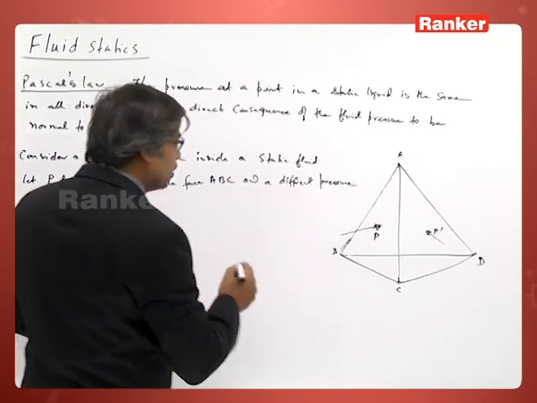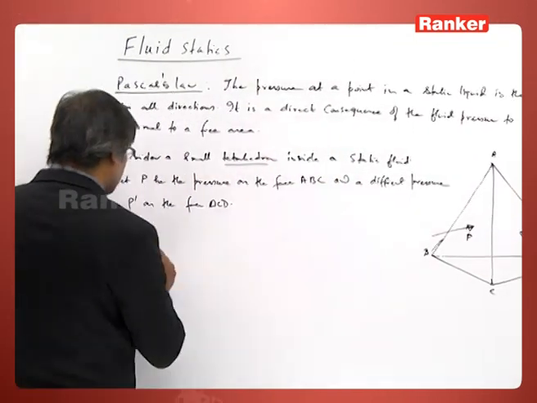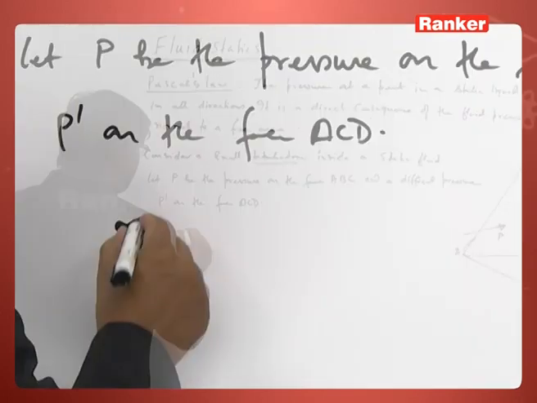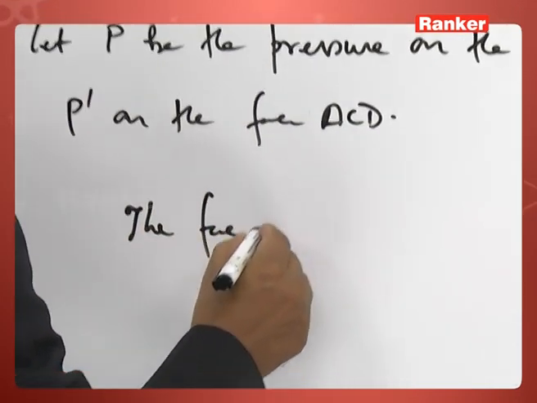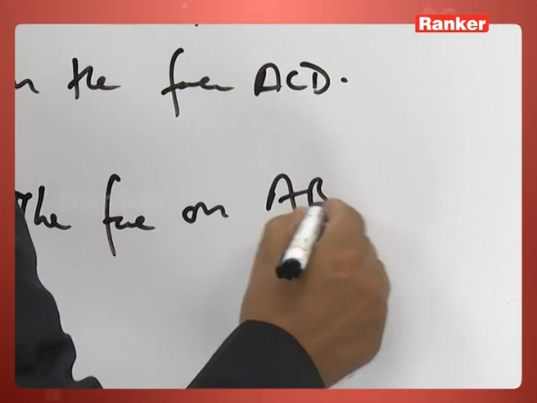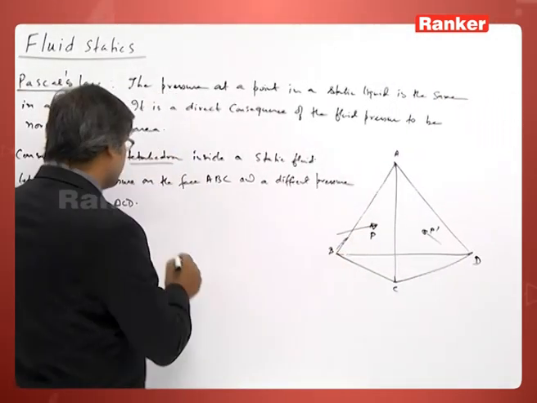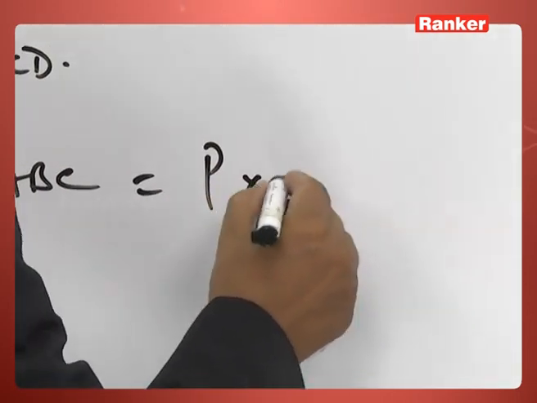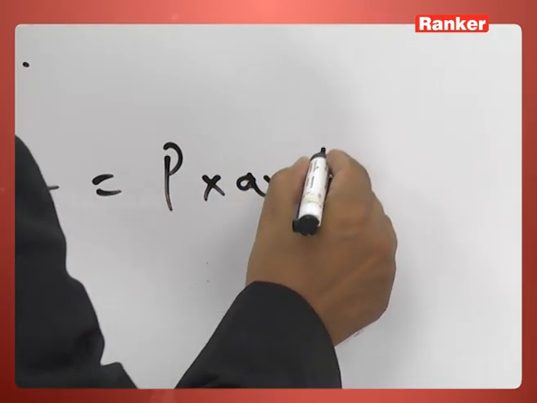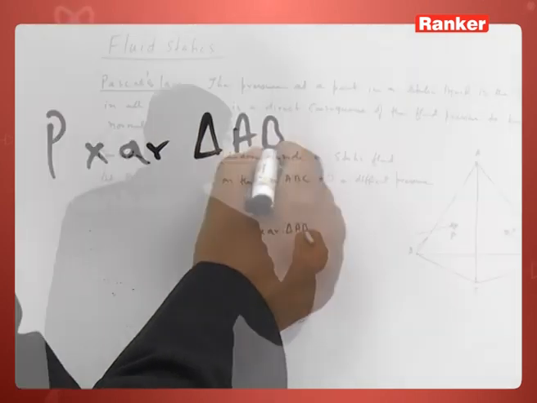So the force on ABC will be the pressure times the area, that is P into the area of triangle ABC.